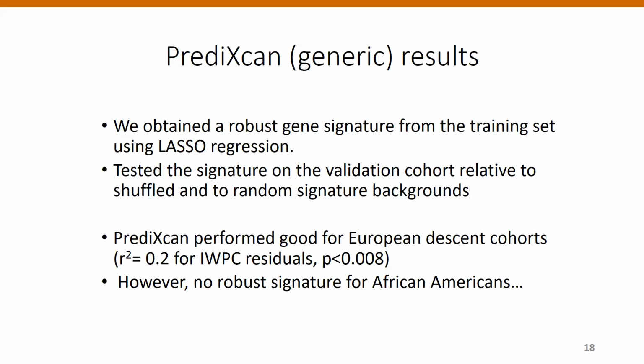And by robust, I mean that we ran the lasso multiple times, with different cross-validation splits of the data, and chose a signature each time, and only the genes that were in at least half of the runs were considered robust. We didn't find any robust gene in African Americans.